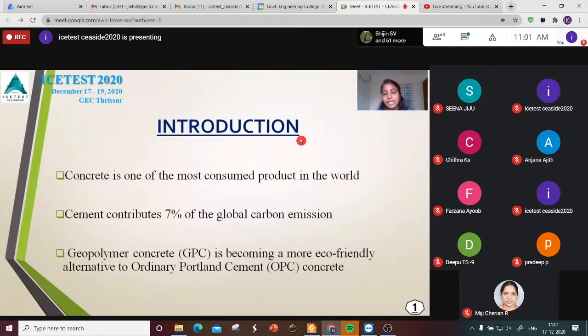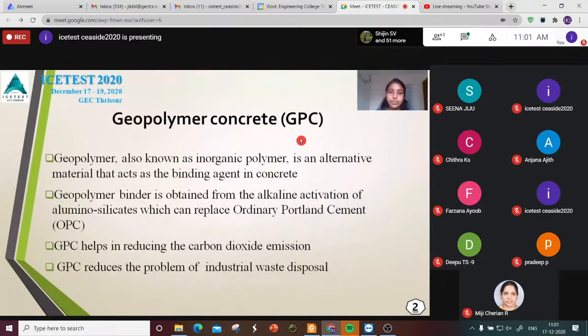Now, what is meant by geopolymer concrete? The term geopolymer concrete was introduced by Davidovits in the year 1978, and it is also known as an inorganic polymer. This can act as a binding agent in concrete. How does this binding property happen? It is by the alkaline activation of aluminosilicates.